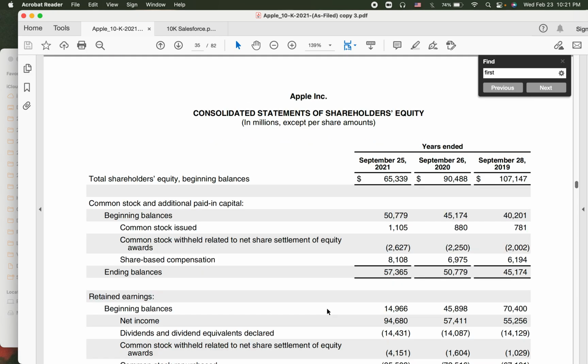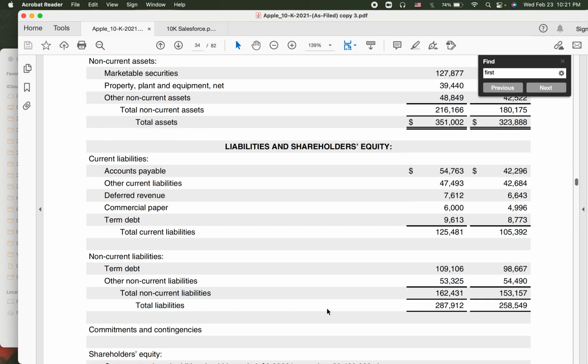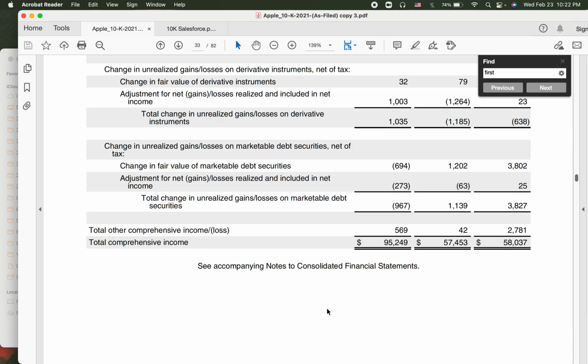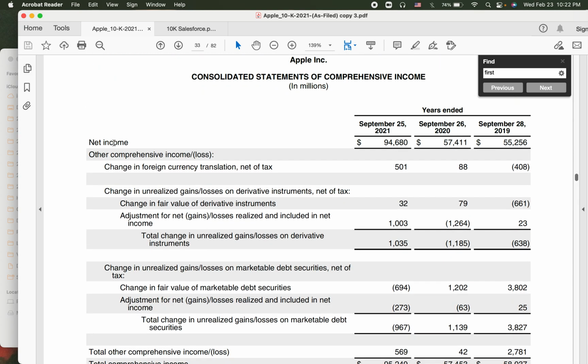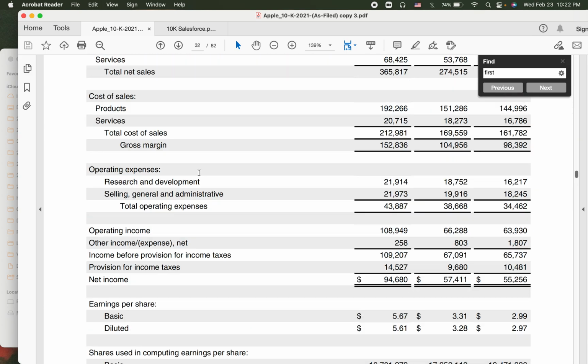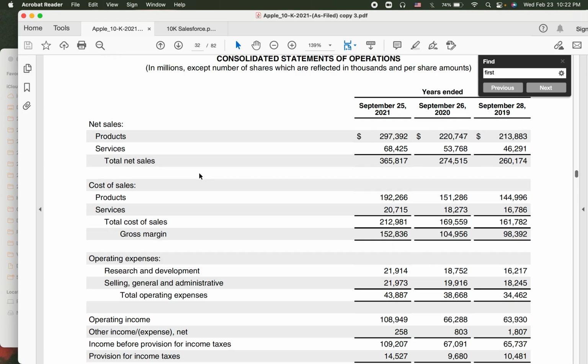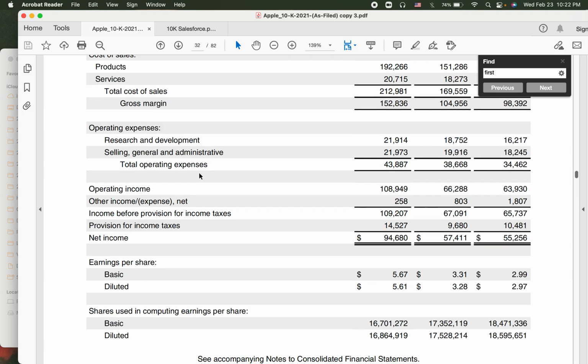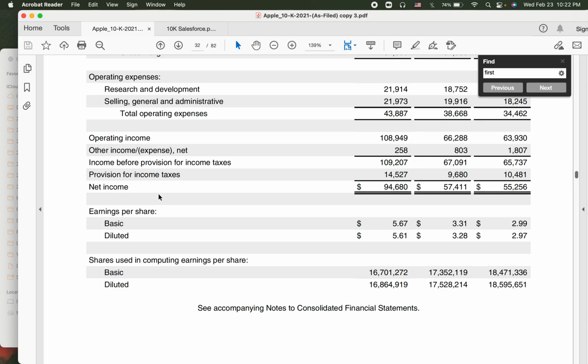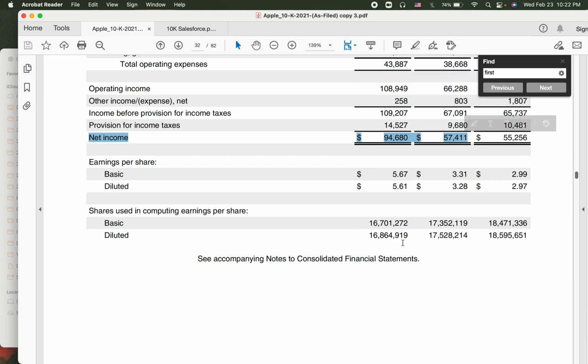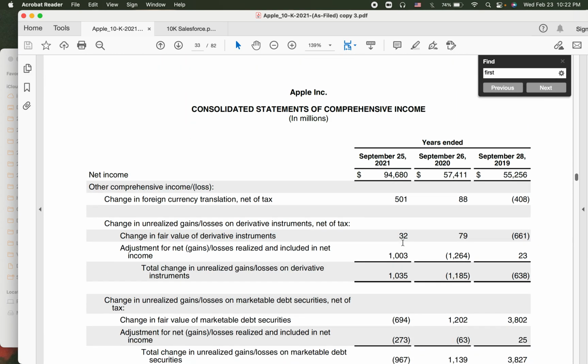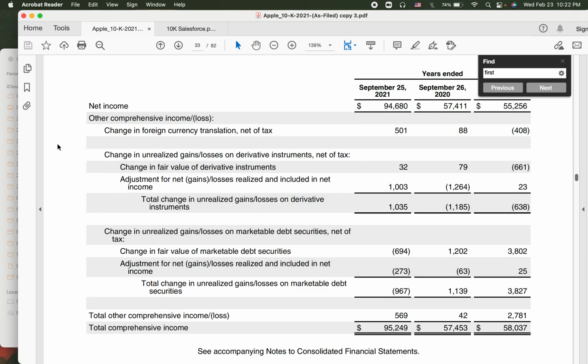Okay. Then there is some other information if you take a look at this. Under the net income, we have the statement of operations, or the income statement. The bottom line is net income, but this bottom line of net income is continued by the other comprehensive income, right?